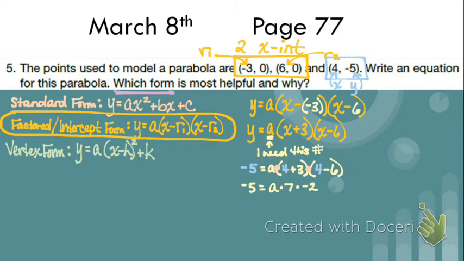What's a times 7 times negative 2? Negative 14a. Close. Negative 14a. Yep. Absolutely correct. I want a all by itself. What can I do to isolate a? Divide both sides by negative 14.